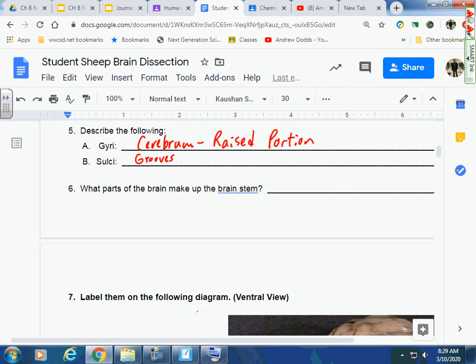What parts of the brain make up the brainstem? Now this should be these, but it included the cerebellum on the packet, didn't it?